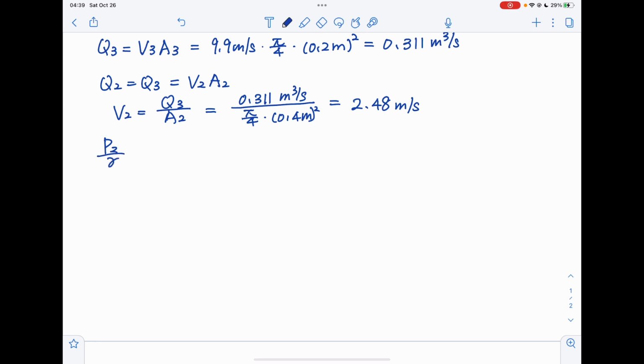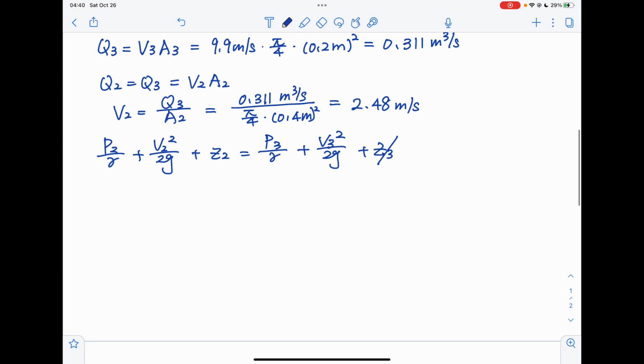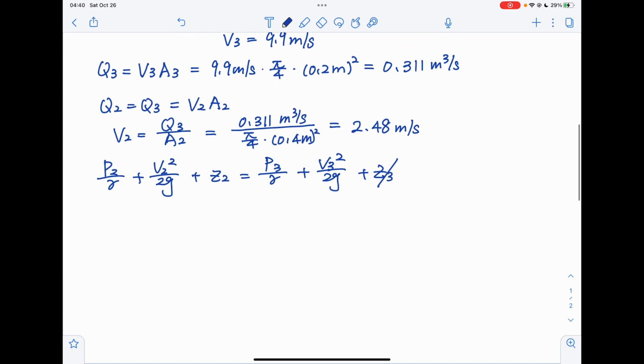P2 over gamma plus V2 squared over 2g plus Z2 equals P3 over gamma plus V3 squared over 2g plus Z3. Z3 is still 0, and because it's open to the air as well, P3 is 0.